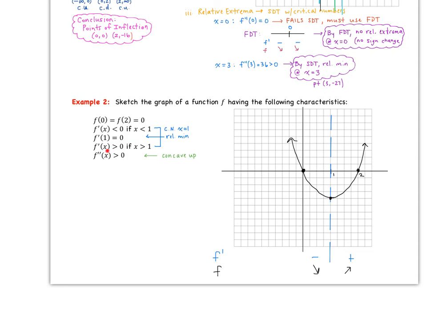F double prime is greater than 0 tells me we are concave up. So I can go ahead and draw my critical number in, my vertical dashed line, just to give me some guidance. To the left of that, f prime is negative, which means f is decreasing. To the right of that, f prime is positive, which means f is increasing.